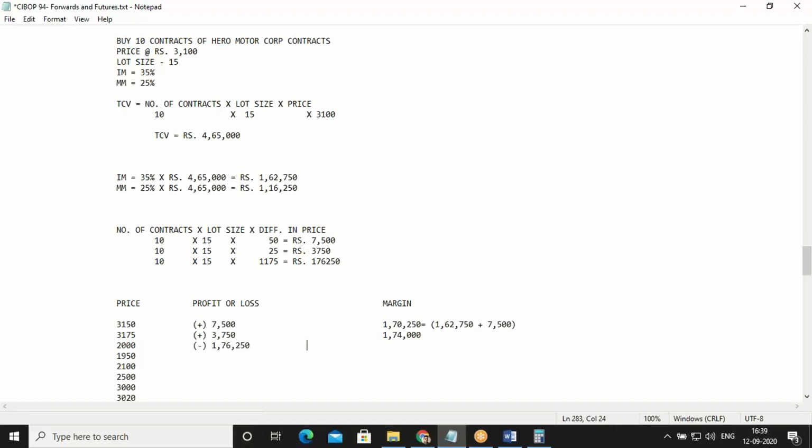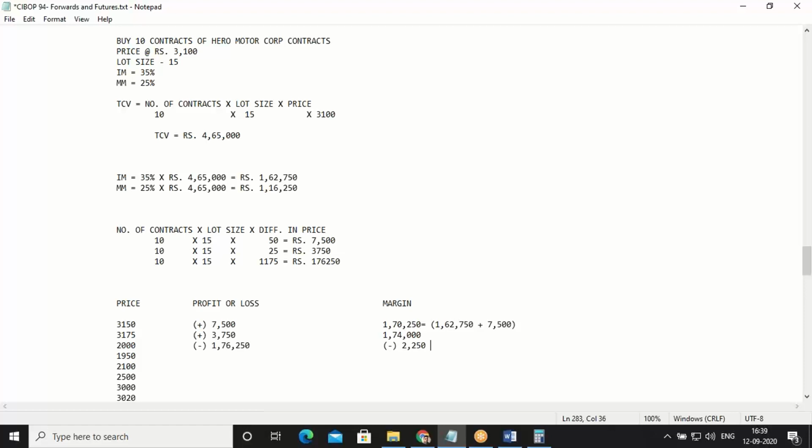Now, what happens to your margin account? 2250 goes down. Okay, so it is a negative 2,250. Now, can we still continue to the next day, or what happens now? No, now we have to bring the margin back to the initial level. Okay, good. So, guys, please listen carefully.